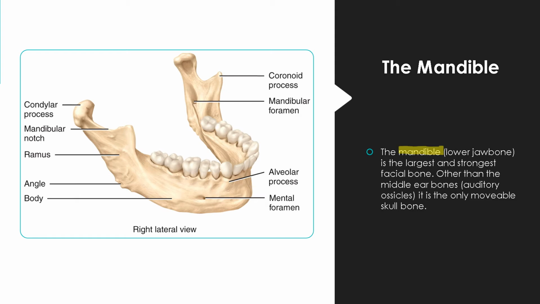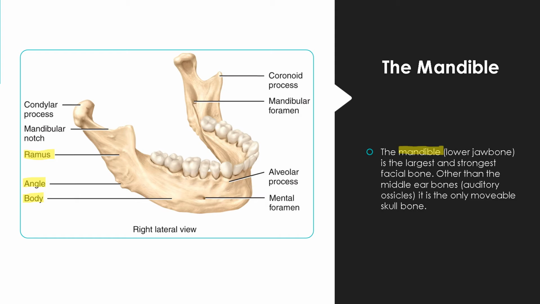So here in our lateral view, we can see that the mandible consists of a curved horizontal portion called the body and two perpendicular portions, the rami, singular ramus. Now the angle of the mandible is the area where each ramus meets the body.